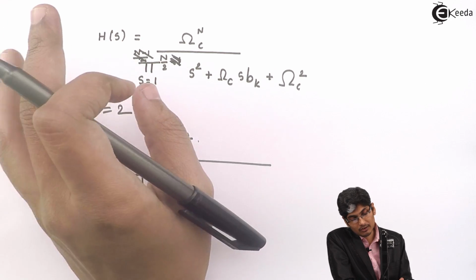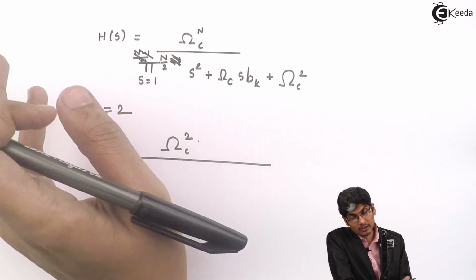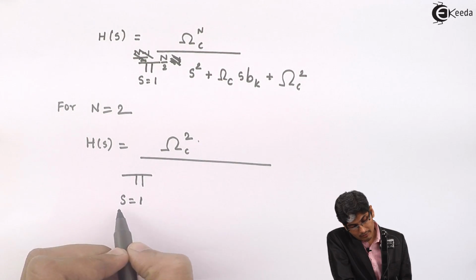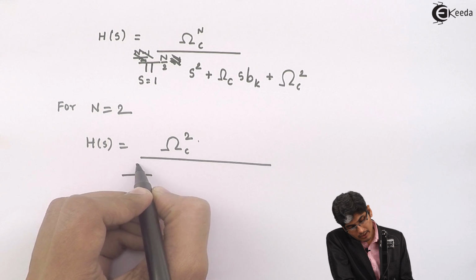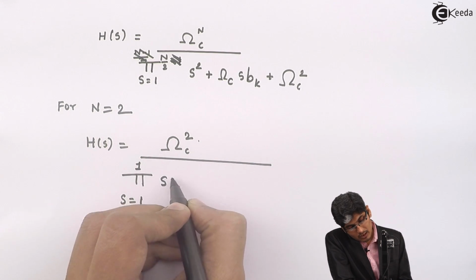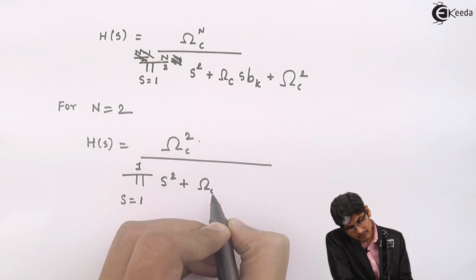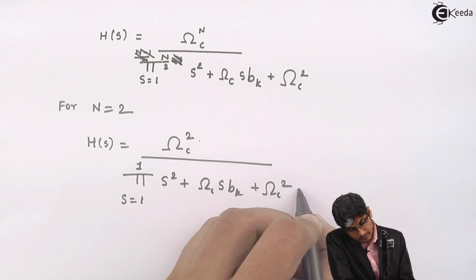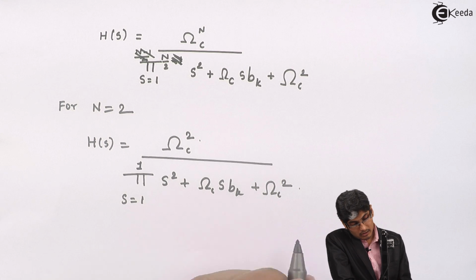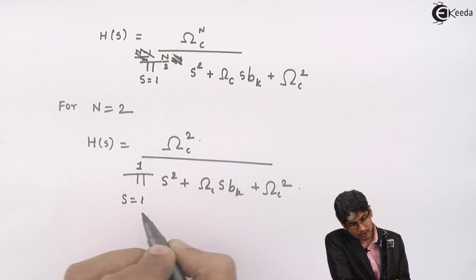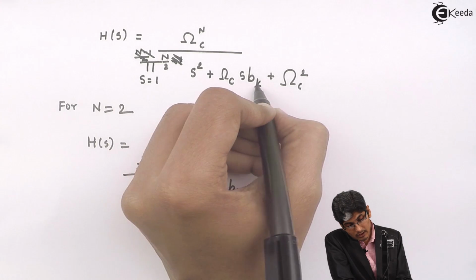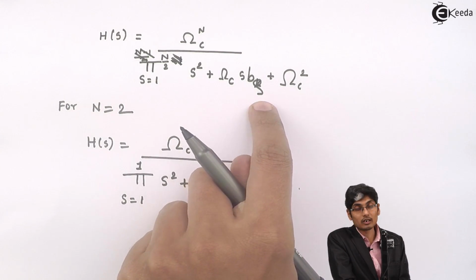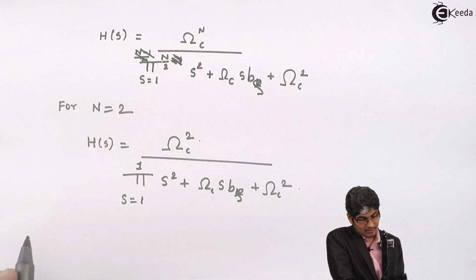So whenever it is an even ordered filter, it will always be n by 2, not n by 2 minus 1. So now s equal to 1 to n by 2 will go to 1 only, which will be s square plus omega c into s bk plus omega c square. I have given the continued product as s, so I should put here s, not k. If the continued product is s, then it will also change with respect to s.